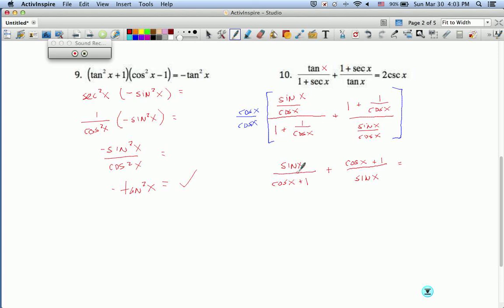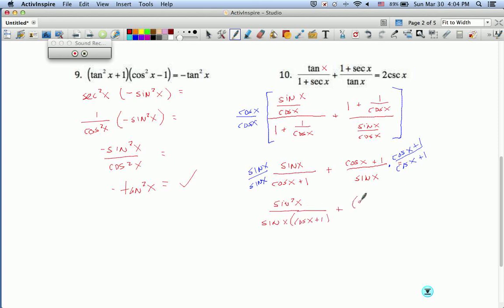In other words, I'm going to multiply this one by sine over sine. And this one by cosine plus 1 over cosine plus 1. Forms of 1. So here I get sine squared over sine times cosine plus 1.